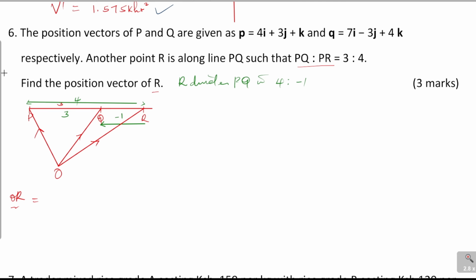Now using the ratio theorem, I'll take this 4 to be represented by M, and then -1 will be N. So we have OR equals M divided by M plus N, where M is 4 and N is -1.